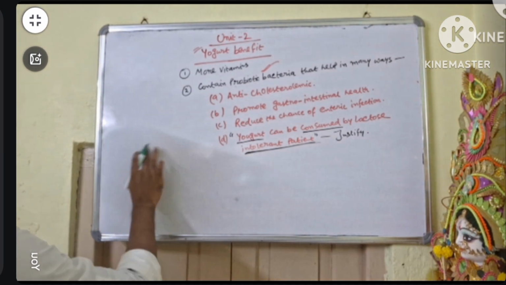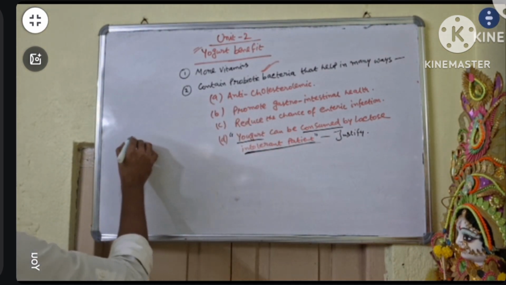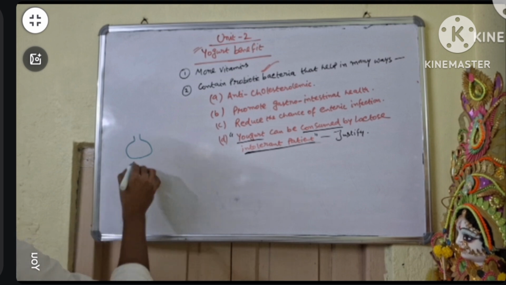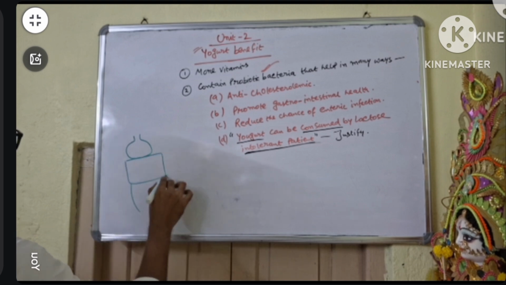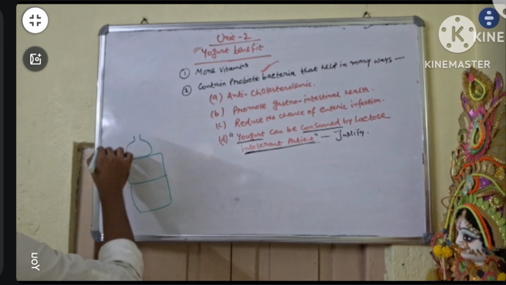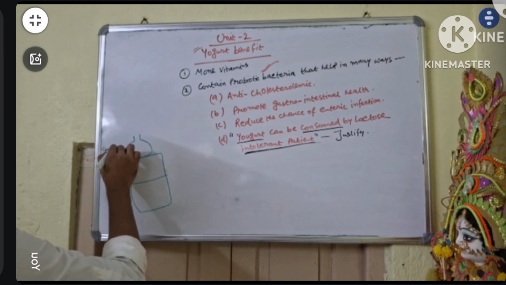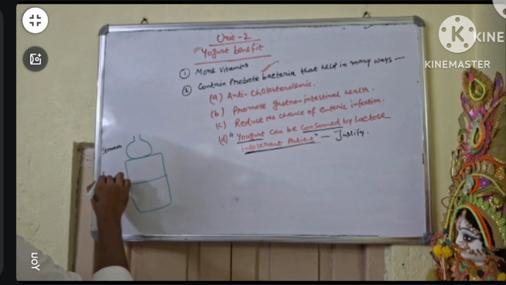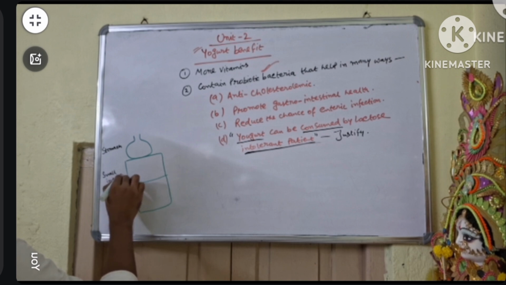Just see the cartoonic depiction. Our bowel system, total gut system, digestion system contains stomach. Digestion starts from stomach, then small intestine, and then colon.